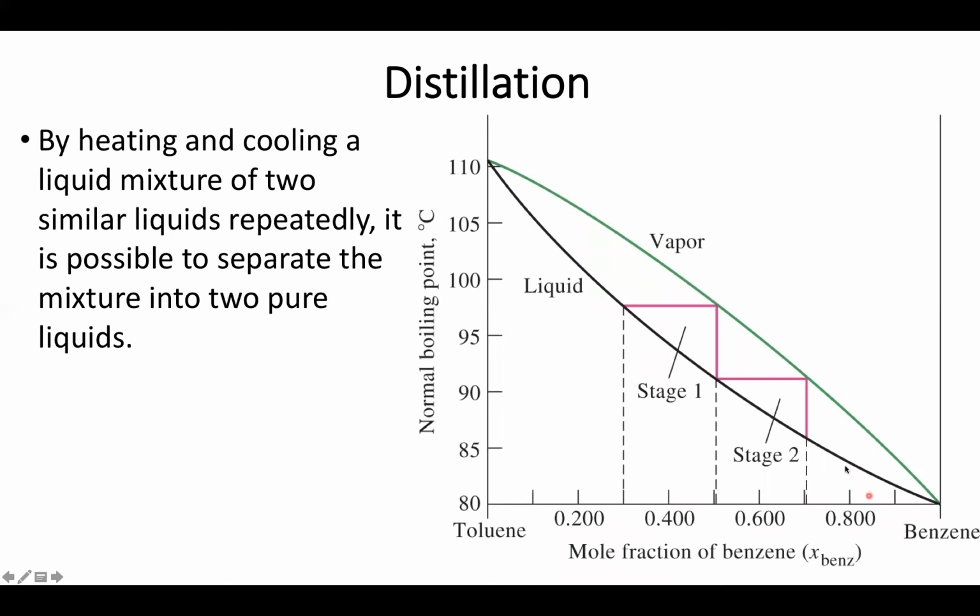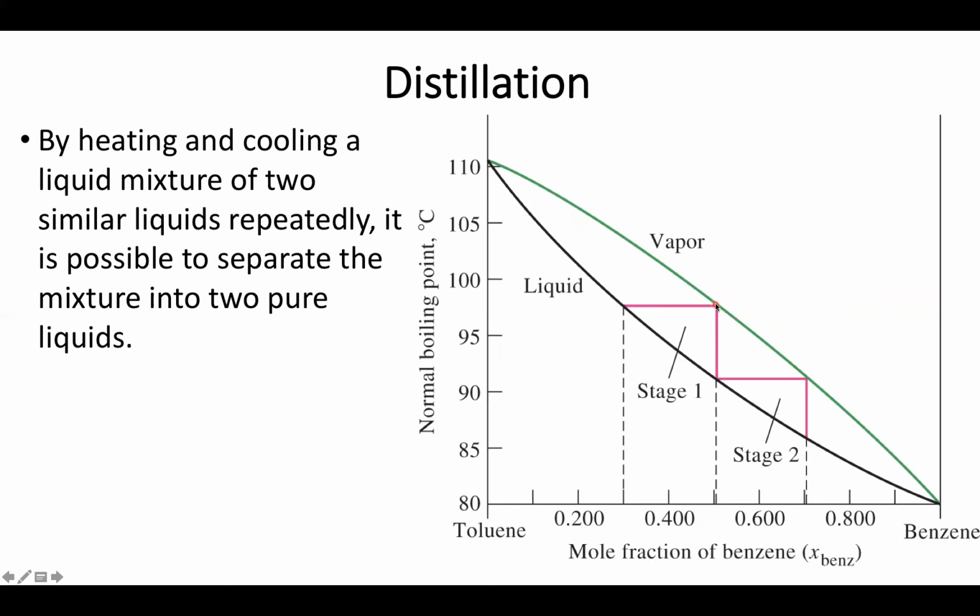And if you heat and cool a mixture repeatedly, so let's say I have a mixture of, say, benzene and toluene, I go ahead and I heat it up till it just begins to boil. At this temperature, the liquid will have the original concentration, but the vapor will be a little bit richer in benzene because benzene's a little more volatile.